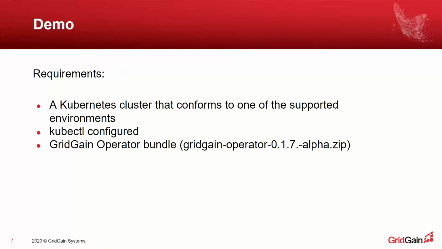Okay, and I assume that you have a Kubernetes cluster configured somewhere. You might want to choose one of the supported environments. I will use a local one. Also, you need to have the kubectl utility configured, and I assume that you downloaded the GridGain Operator bundle from the official website.